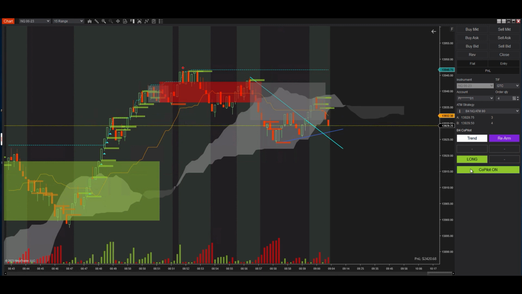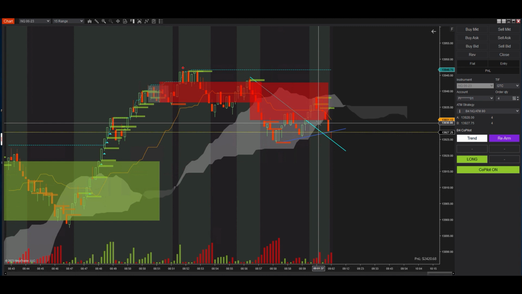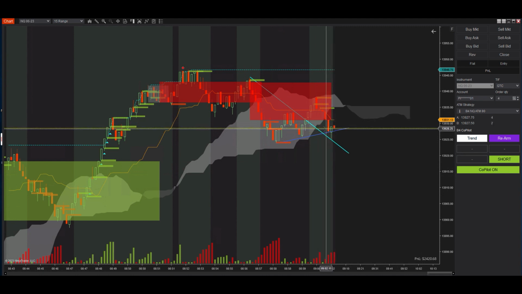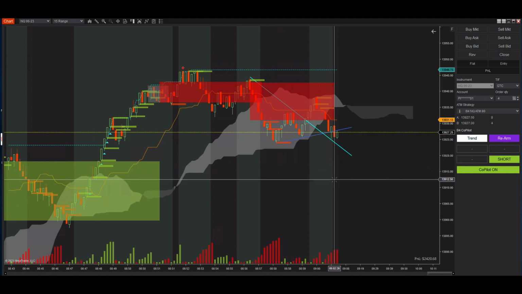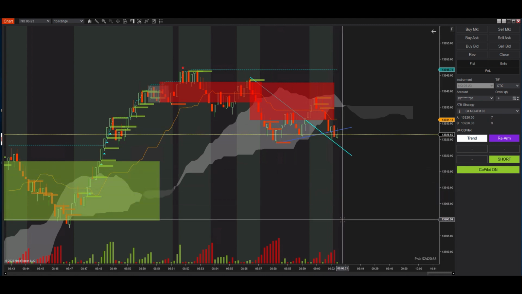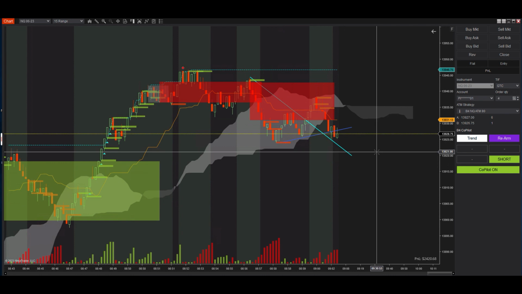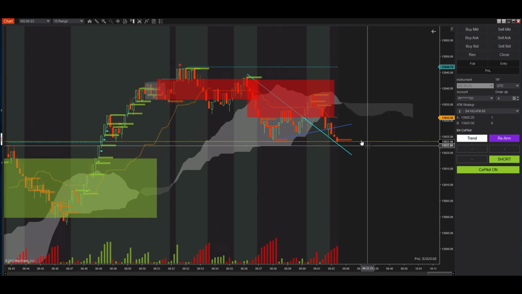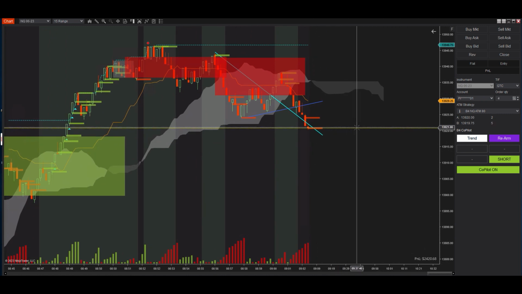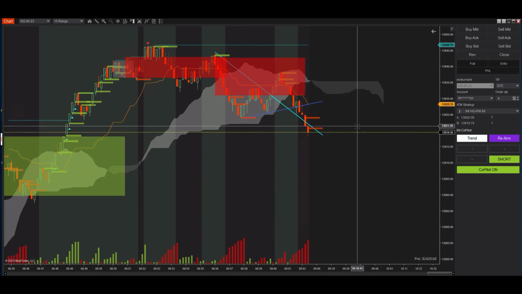Couldn't break through that consolidated area there. We are below the cloud, below the Kijun-sen, and our background trend is bearish. We got bearish cumulative delta bars printing, some stacked imbalances there. Let's see if we can get a trade.